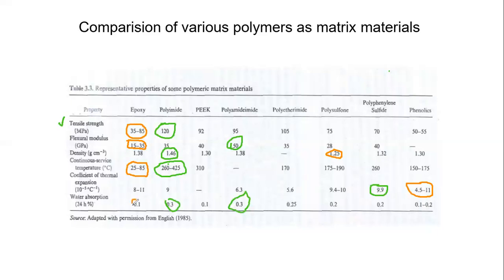So again, the epoxy is the lowest water absorption, and PEEK also has very low water absorption. So these are the different types of polymer matrix materials compared to the properties. So different representative properties of polymer matrix materials.